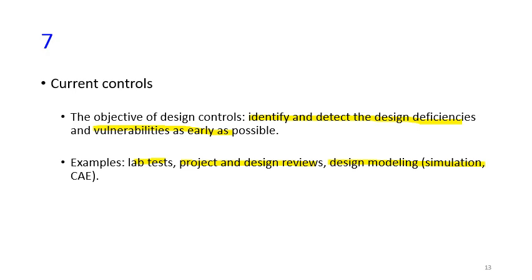Those kinds of controls try to see as early as possible what the vulnerabilities of the design are. And if this has been done, then the designer should write down all these controls in column 7.